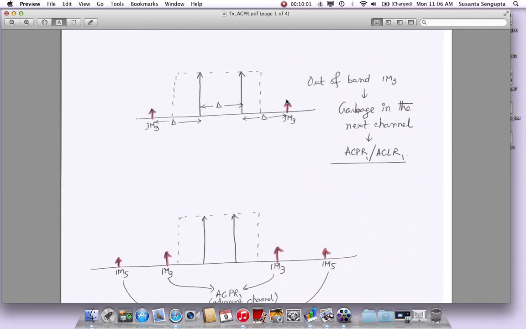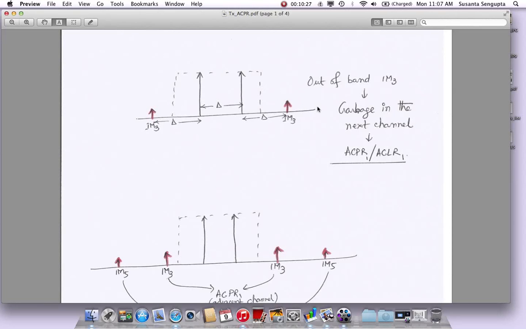Somebody else will use it, and you should not corrupt it. So there is a limit to how much noise you can dump into it, and that ratio of your desired signal to the garbage you dump into the adjacent channel is what we normally call ACPR 1.